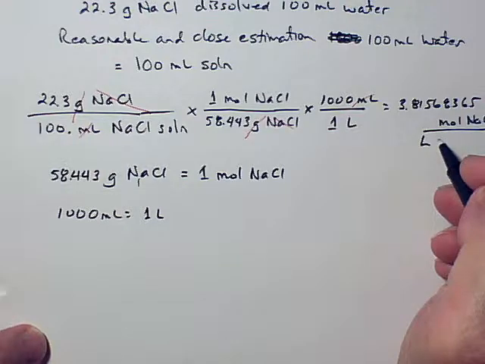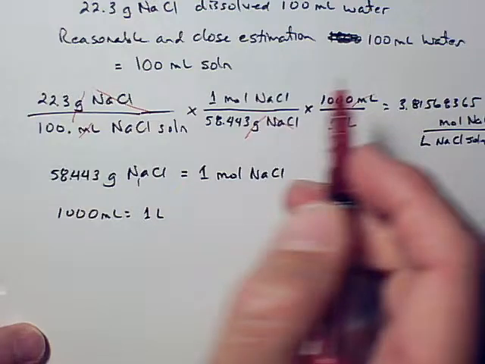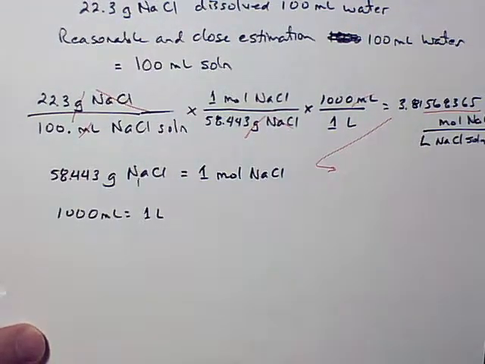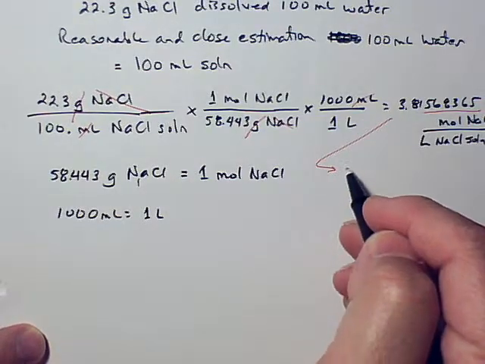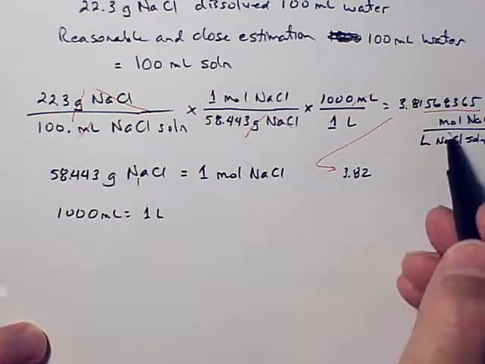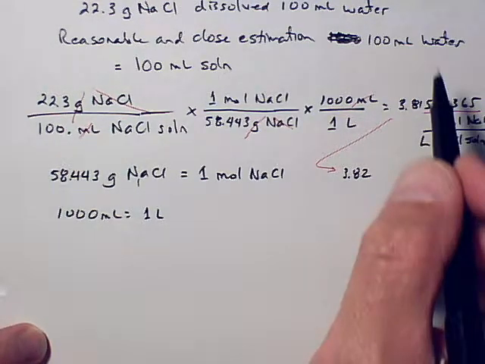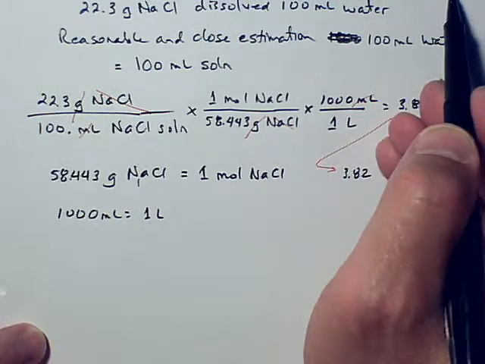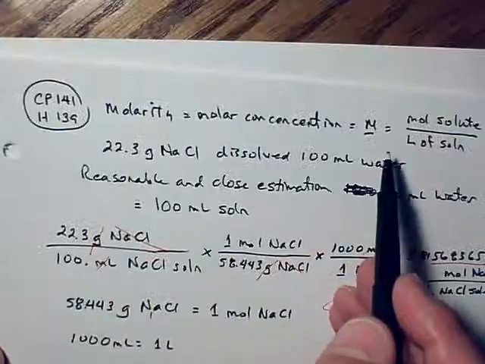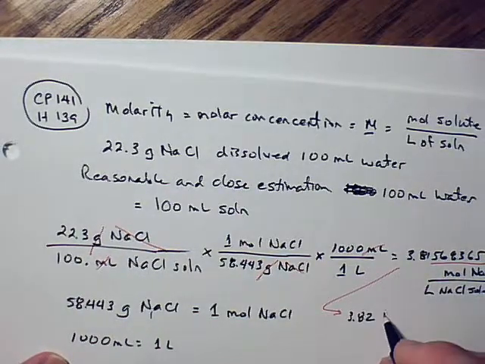And we're going to round this off to 3 digits: 3.82. But moles of NaCl over liters of NaCl solution is the moles of solute over liters of solution. So that's the molar concentration. We can use this M with a line under it instead of all of this. That's the molar concentration of the NaCl solution.